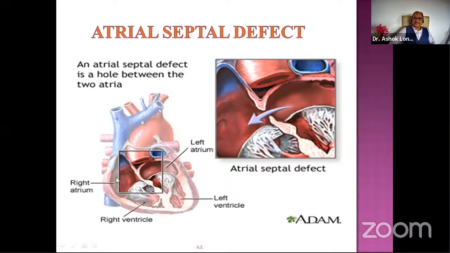The blood coming from the right atrium is supposed to go to the left atrium directly, because from here it has to go to the whole body, and hence this portion is naturally kept open for the shunt from right to left side. Understood?